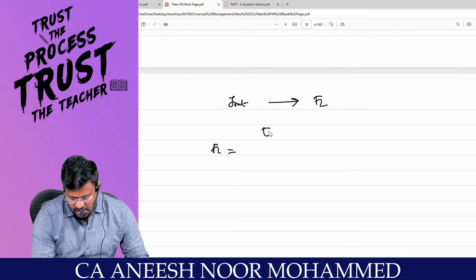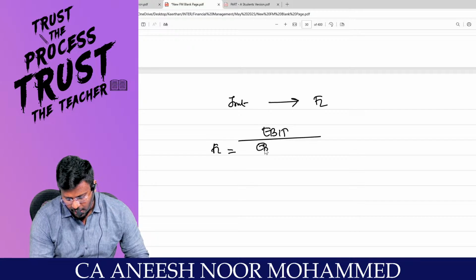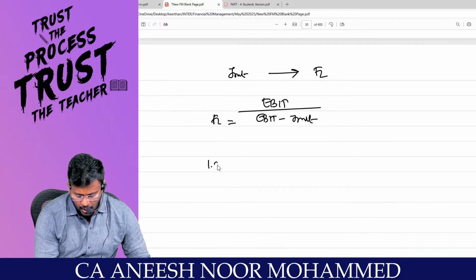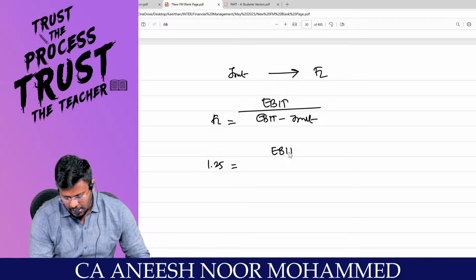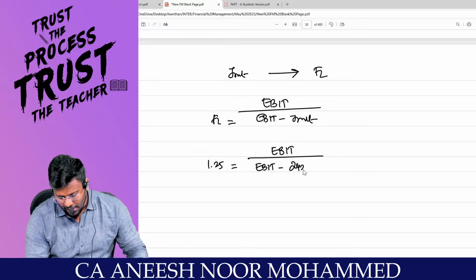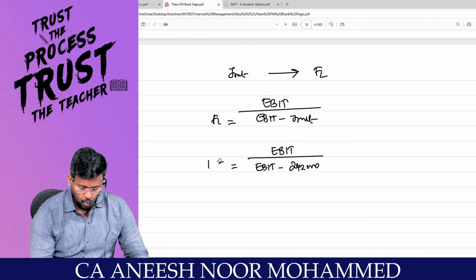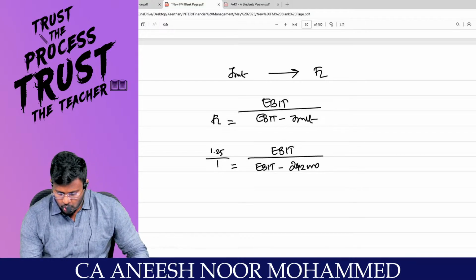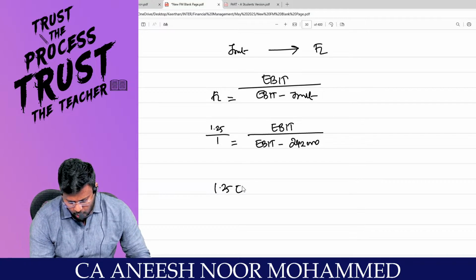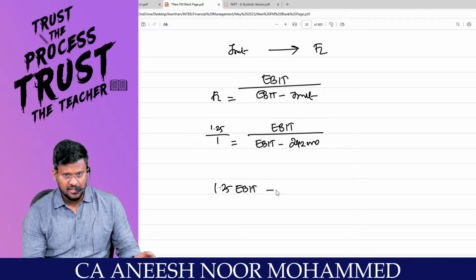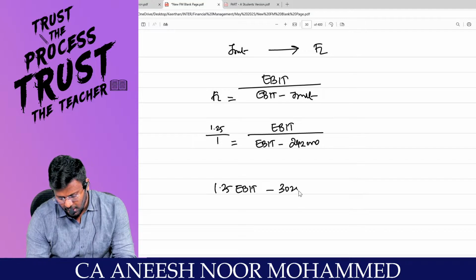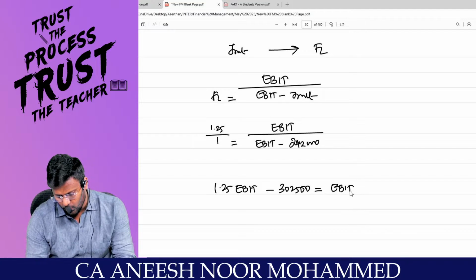Financial leverage is equal to EBIT divided by EBIT minus interest. 1.25 is equal to EBIT divided by EBIT minus 2,42,000. So 1.25 EBIT minus 2,42,000 into 1.25 comes to 3,02,500 is equal to EBIT.